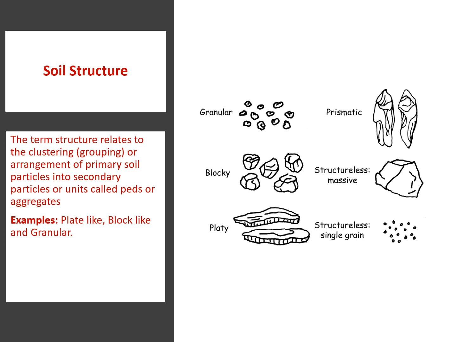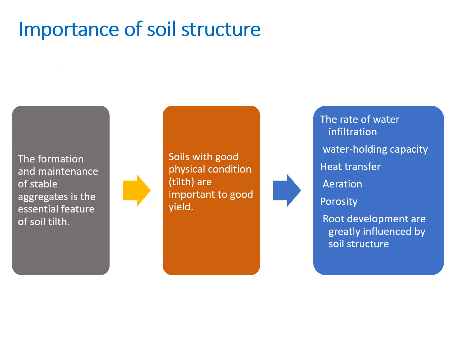Then we have prismatic, which is also an arrangement of primary soil particles to form a group which looks like a prism. The importance can be observed: the formation and maintenance of stable aggregates is an essential feature of soil tilth.